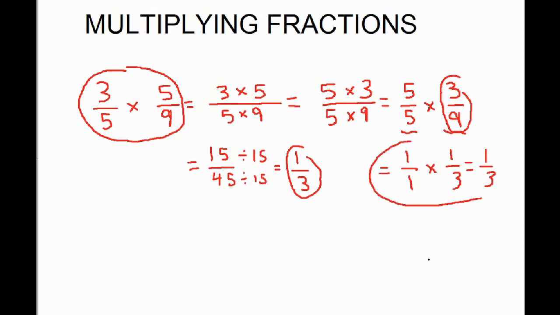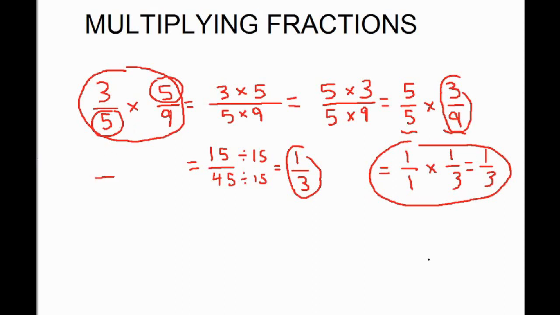Same answer. So what this helps us see here is that when we have a multiplication question that involves fractions, we can very often reduce in the question if we have a common factor in any denominator and any numerator. This only works for multiplying, and it only works for numerators and denominators. So with this example, 5 and 5 have a common factor of 5.